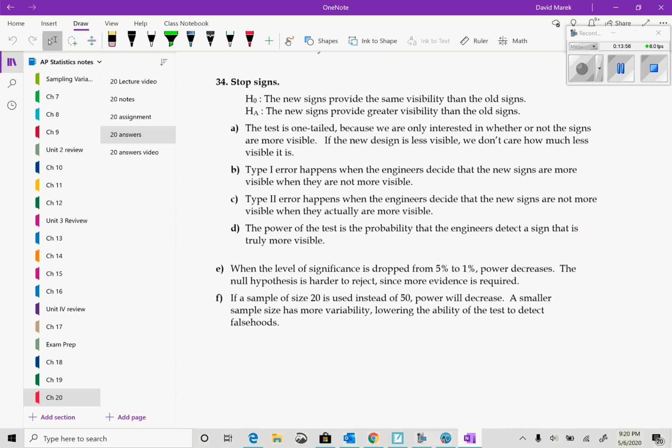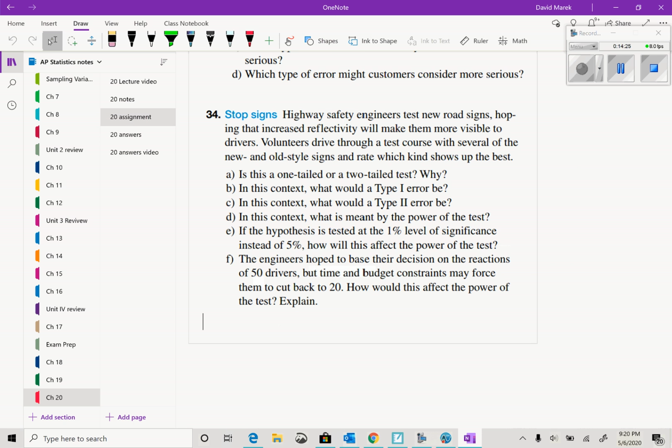We need a p-score that's less than 0.01 if we're going to say we reject the null hypothesis and these new signs are actually better. If it's harder to avoid that type 1 error, that power decreases.